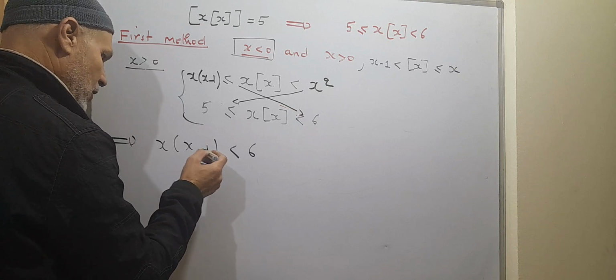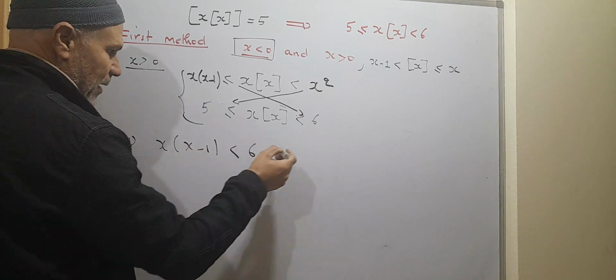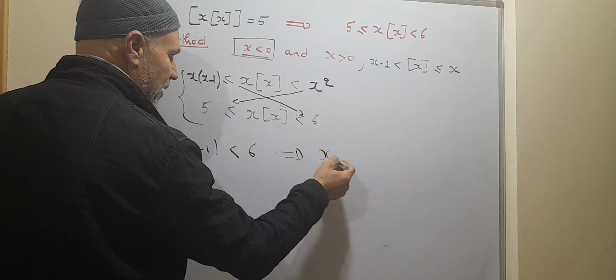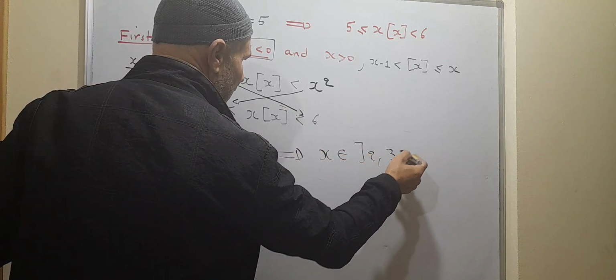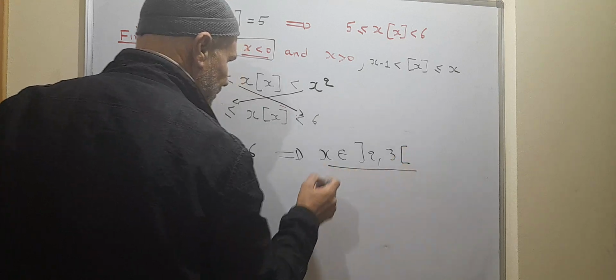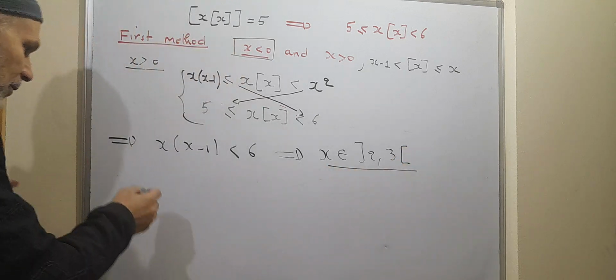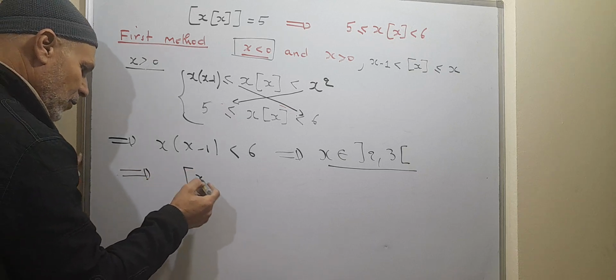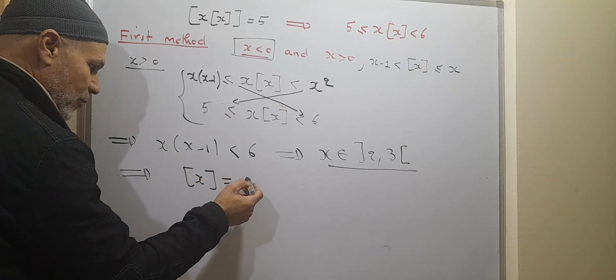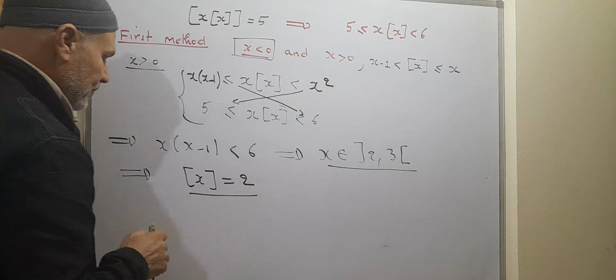If we solve this double inequality, we will deduce that x belongs to 2, 3, which means that the integer part of x is equal to 2.